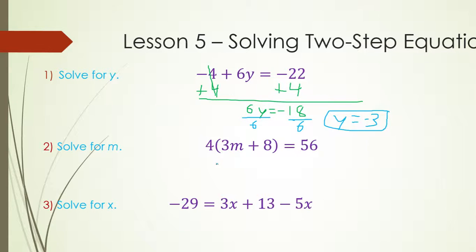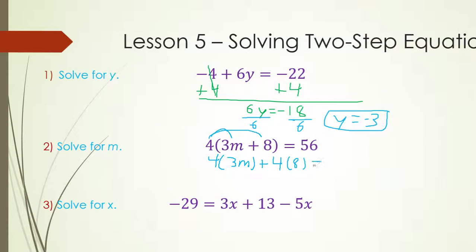Now this one has a parentheses in it. And if you remember, that's what's called the distributive property, meaning I have to multiply this 4 by everything inside. So I'm going to go 4 times 3m, and that parentheses just means times, plus 4 times 8.